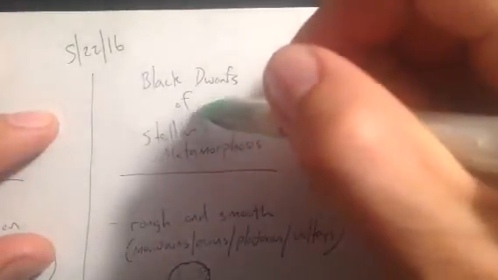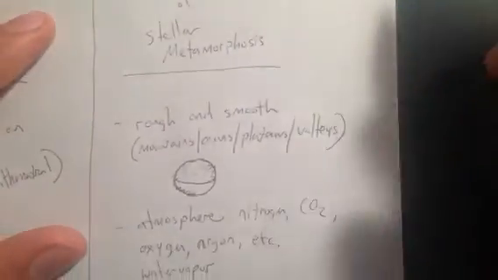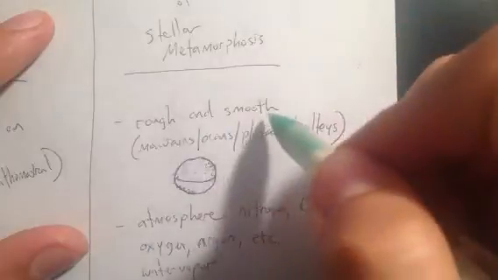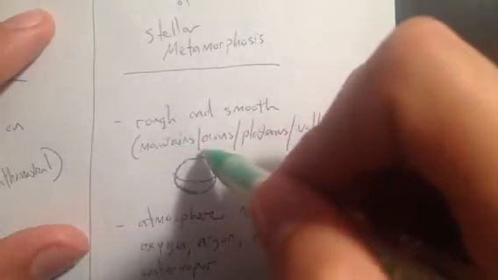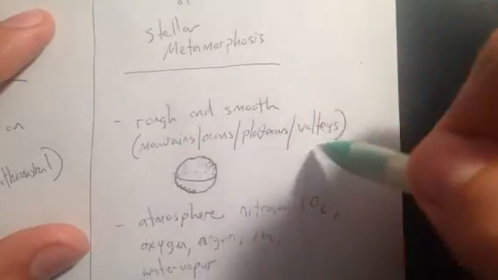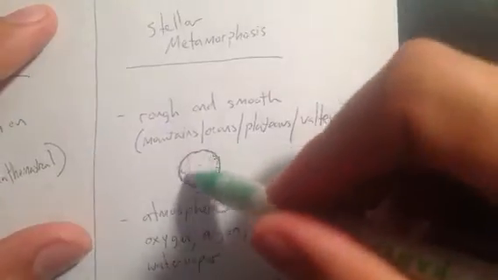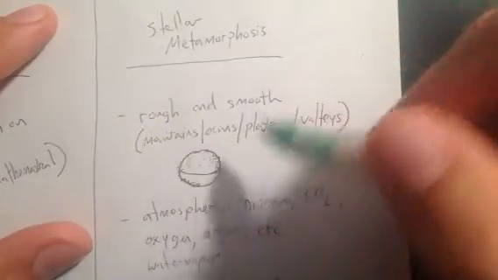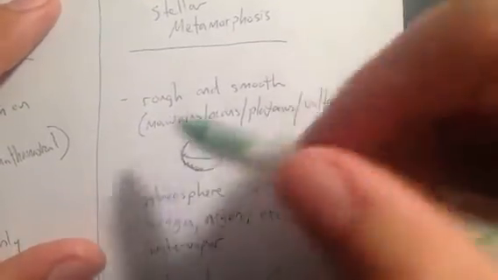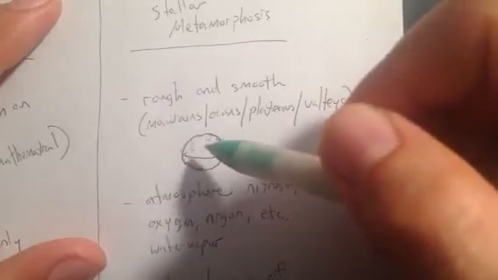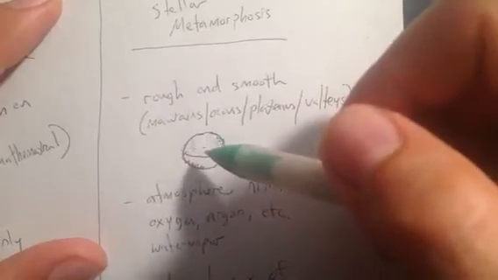And to go over the differences here, I have the black dwarfs of stellar metamorphosis. They are rough and smooth. They have mountains, oceans, plateaus, and valleys. And I really sucked at that drawing there, as you can see. But basically, they're not mathematical. They're physical structures.